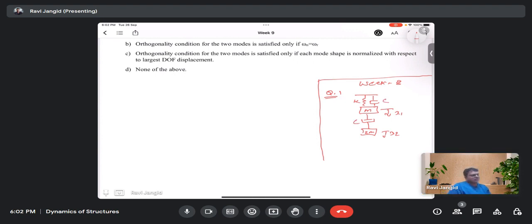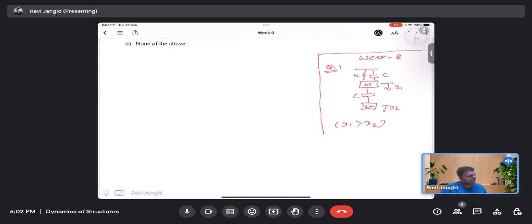Okay, so let us suppose we consider that my x1 is greater than x2. What forces will apply in my case? That is the one with k times x1, c times x1 dot. And then if my x1 is greater than this, that force is also applied in this direction, c times x1 dot minus x2 dot.